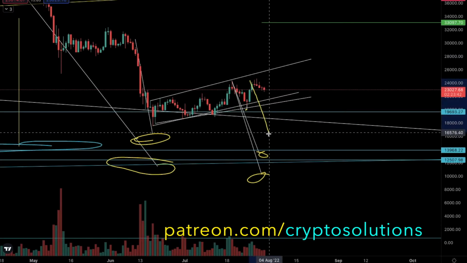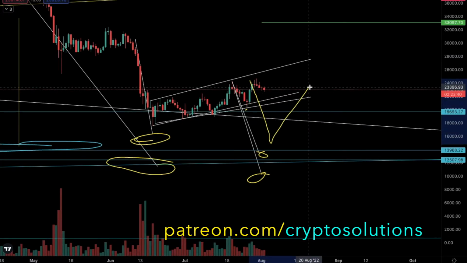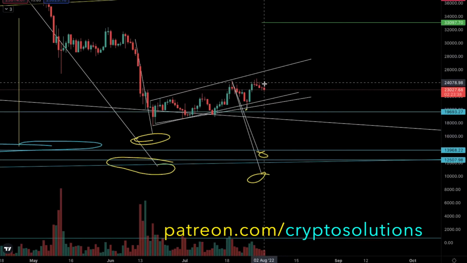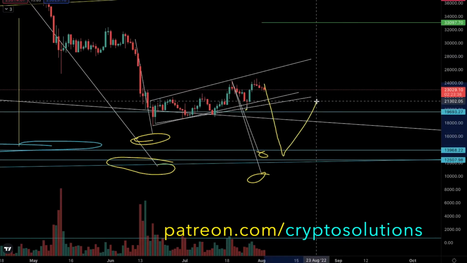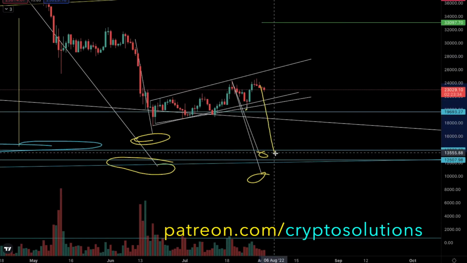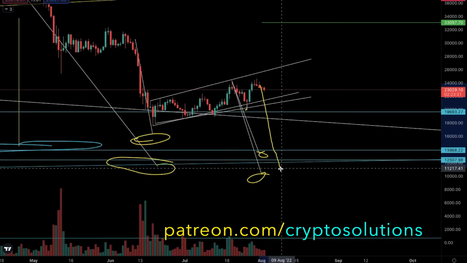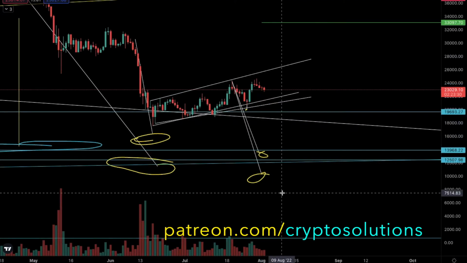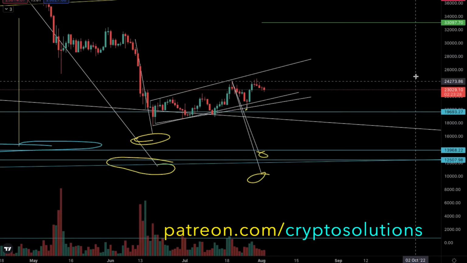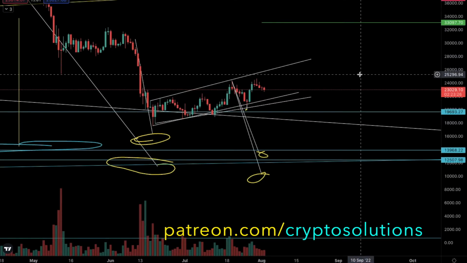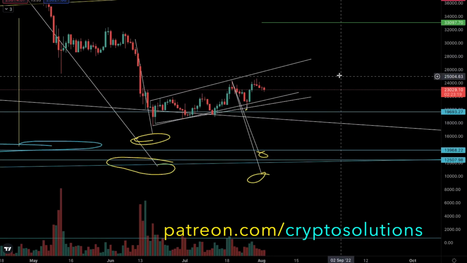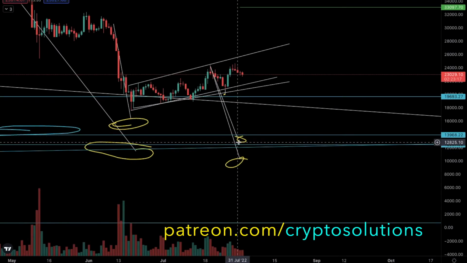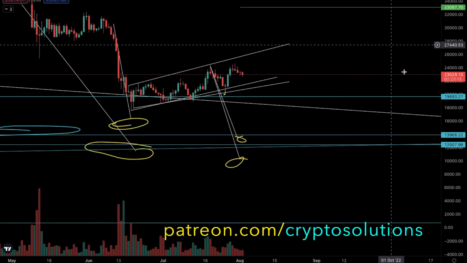The price can go all the way here and then boom, bounce out of there, or it can go to the exact target and then bounce, or it can go to the target and then overextend and then bounce. So you have three scenarios, and there's almost no way to truly know which of those three is going to happen.